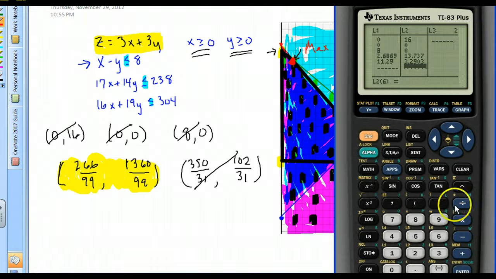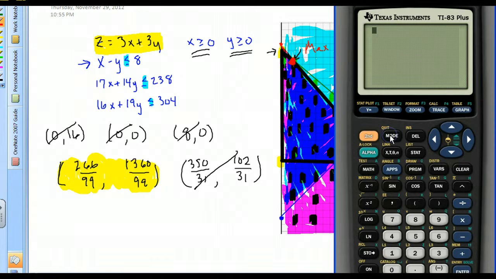Once you've got those in there, hit second mode to leave. And then type in this. We're doing 3x plus 3y. We're back to this. 3 L1 is where we have the x's, plus 3 L2. So that's 3 times the x's plus 3 times the y's, and then tell it to store your answers, store in second 3, list 3. And then you hit enter. It's going to do this, and then press your stat button to go back.